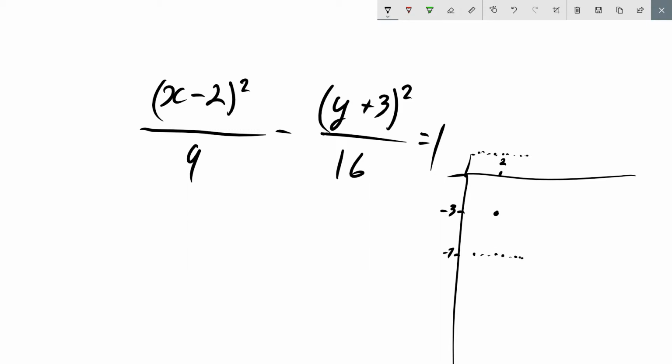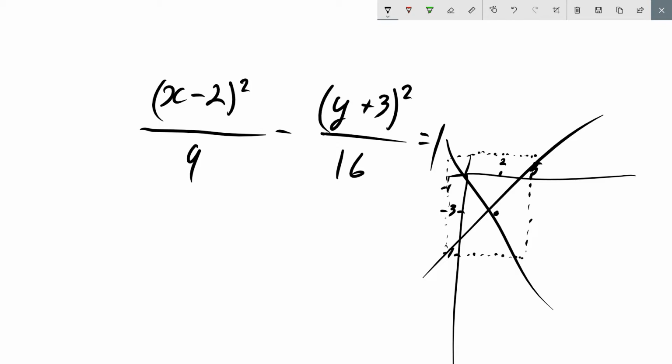We're also going to have to go across 3. We're going to reach to -1. And we're going to have to reach +5. Draw in our asymptotes.